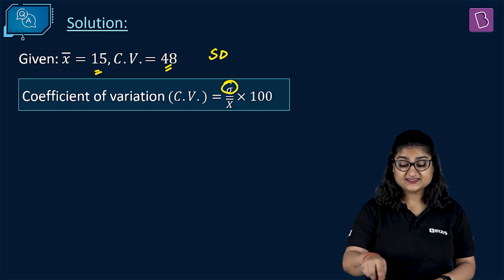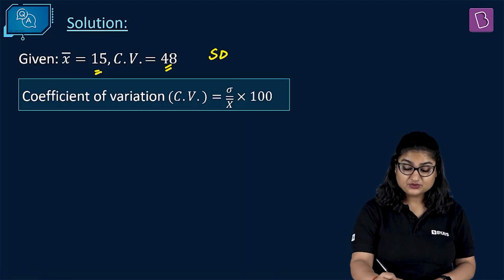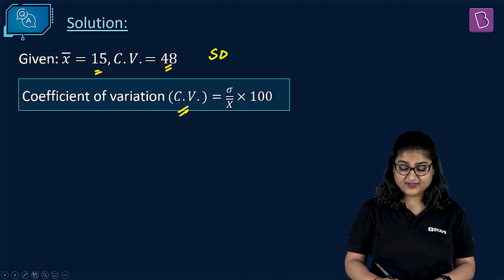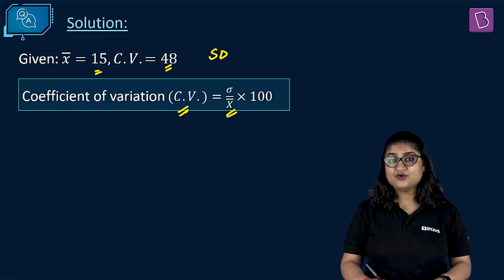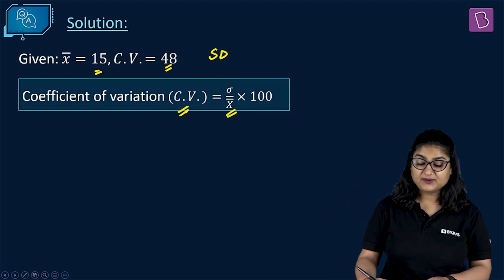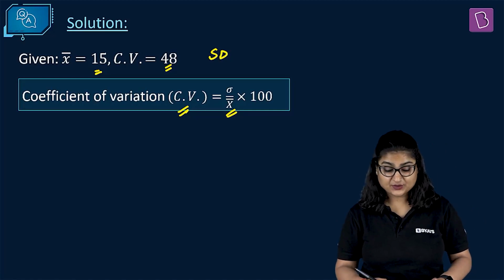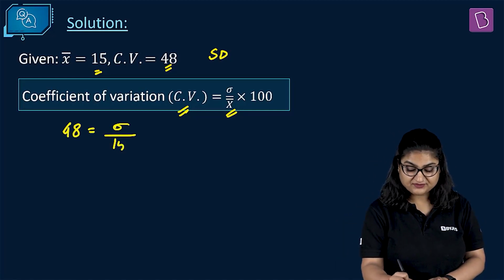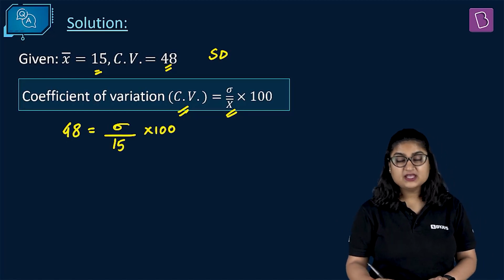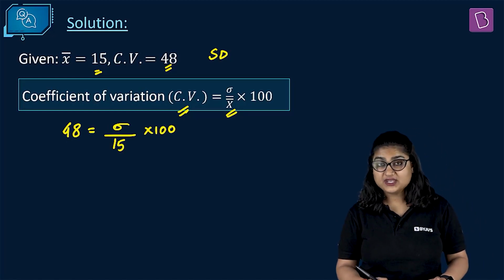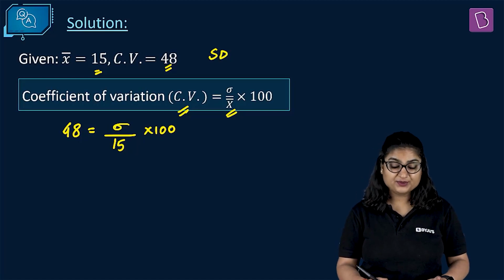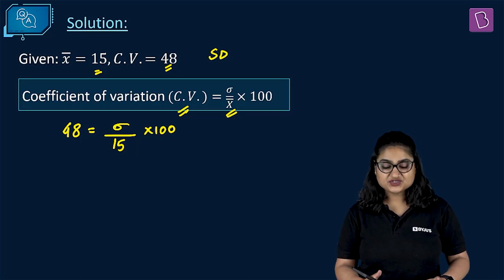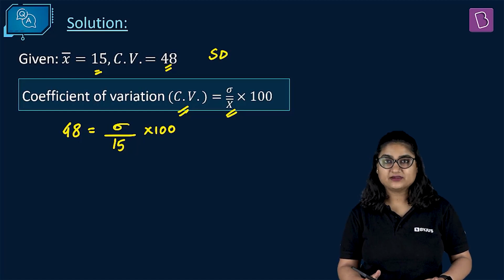No, that's the unknown in this case. But we do know the value of coefficient of variation, and we also know the value of the mean. All right. So if I plug in the known values in this equation, what I'll get is 48 is equal to sigma divided by 15 multiplied by 100. Now you have got an equation in one variable, and that one variable is sigma. All we have to do is just simplify this to calculate sigma.